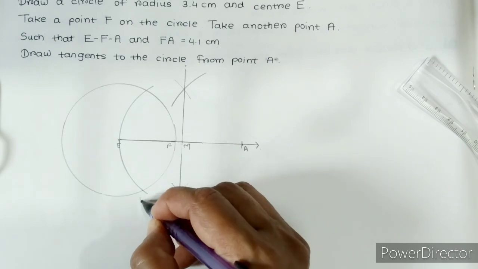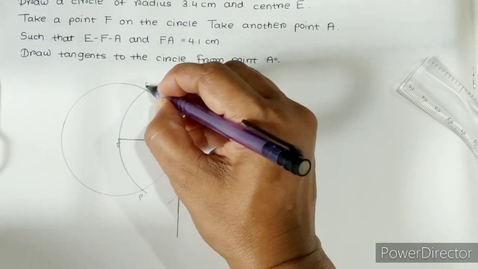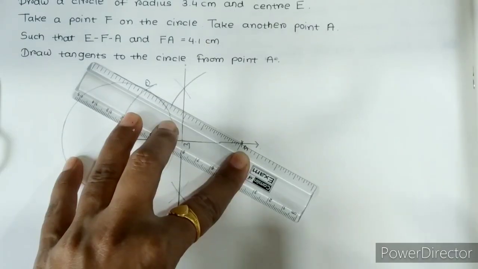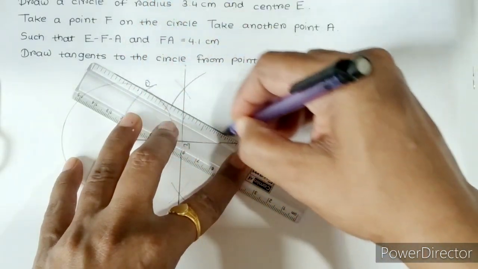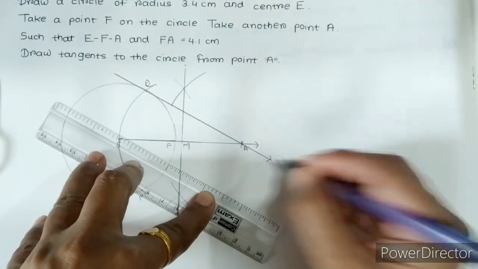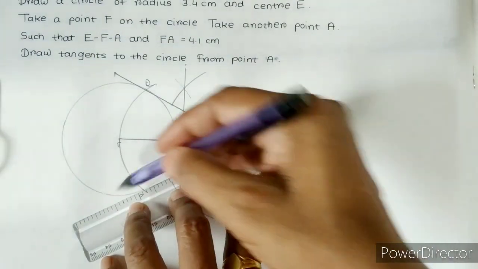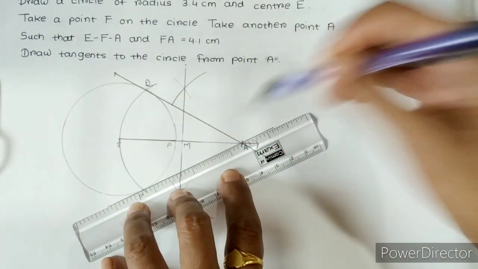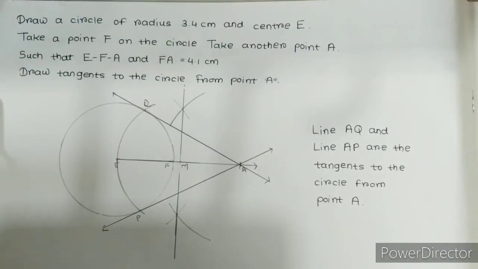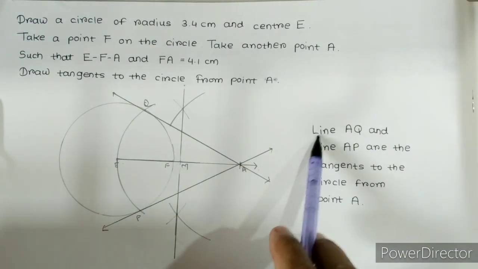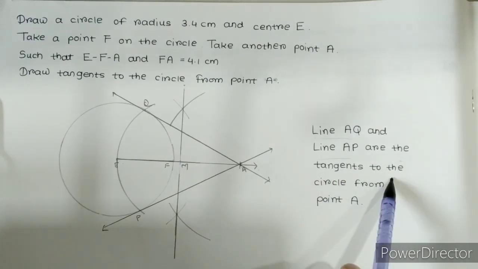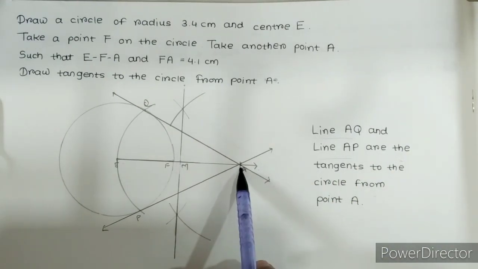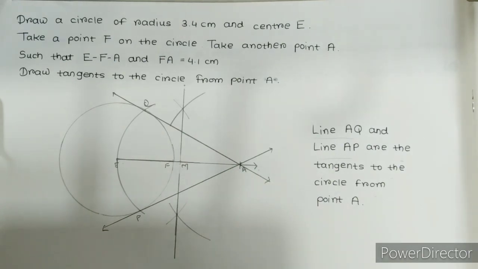Let these 2 points be P and Q. Draw ray, or you can draw line AQ. Similarly, draw line AP. Thus, line AQ and line AP are the tangents to the circle from the point A, which is outside the circle.